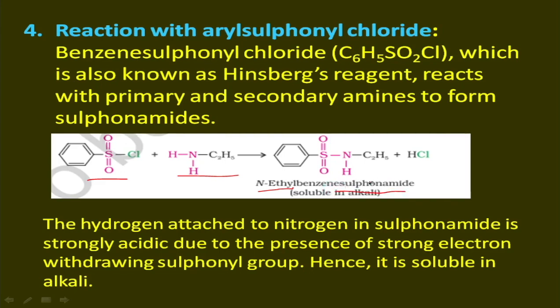This compound is alkali soluble, as the hydrogen attached to nitrogen is very acidic. Why? Because of the SO2 group, strong electron withdrawing properties of this group make this hydrogen very acidic.